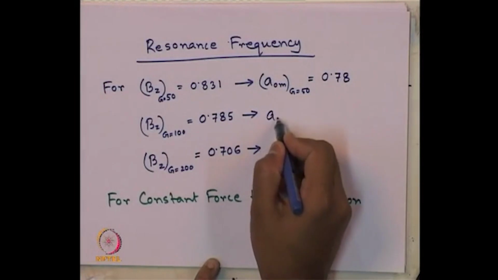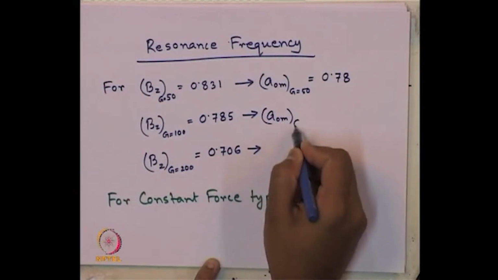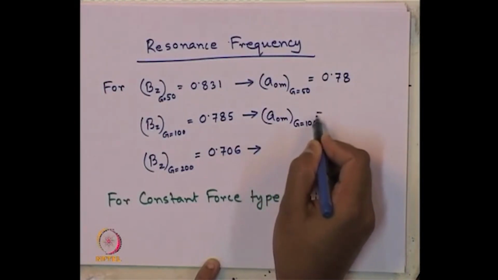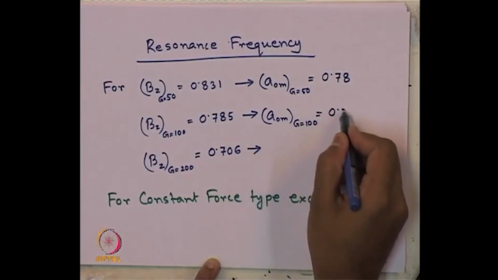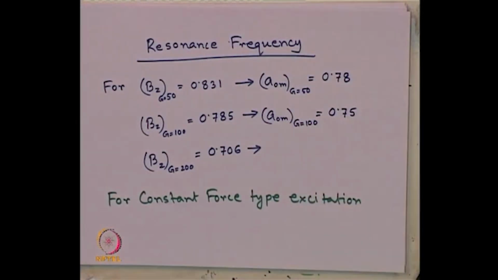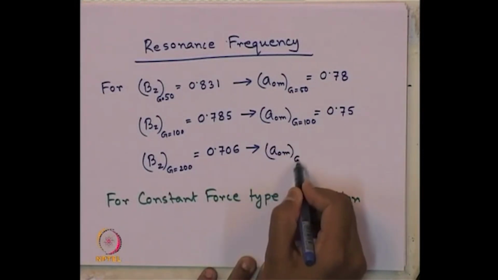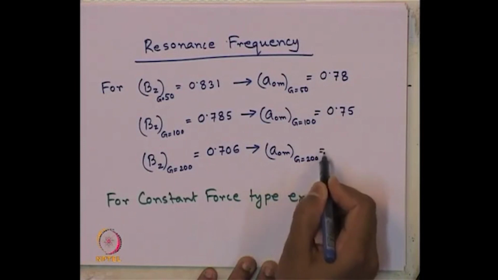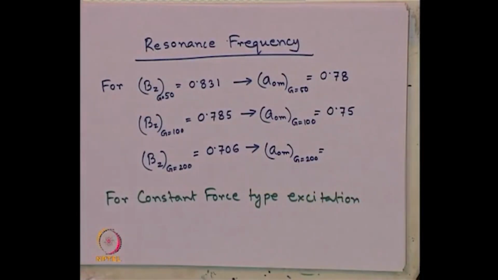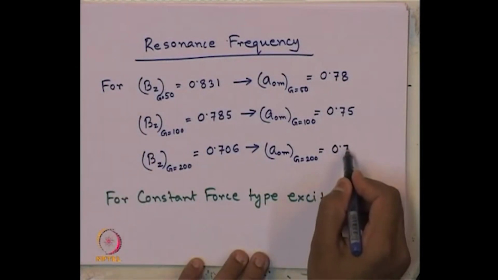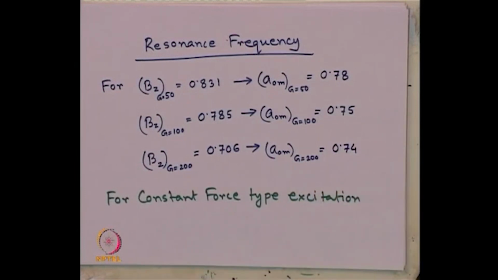For the second one, A naught m with g equals to 100, I read the value as 0.75, and A naught m with g equals to 200, I read the value as 0.74.